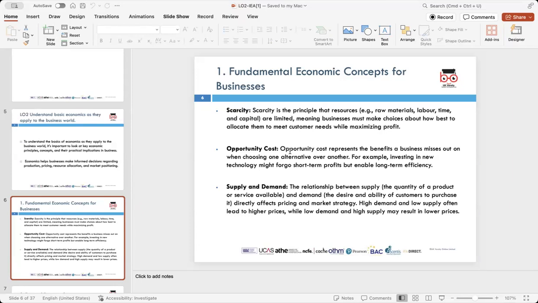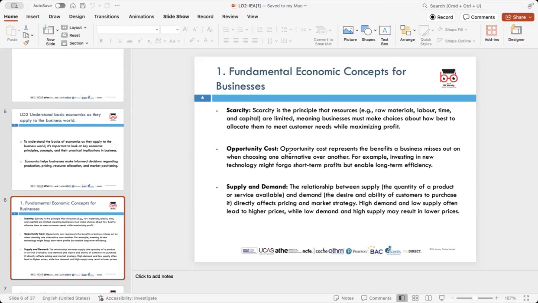Closely related to scarcity is the concept of opportunity cost, which we discussed earlier. Businesses constantly face decisions that require them to weigh the benefits and drawbacks of different options.